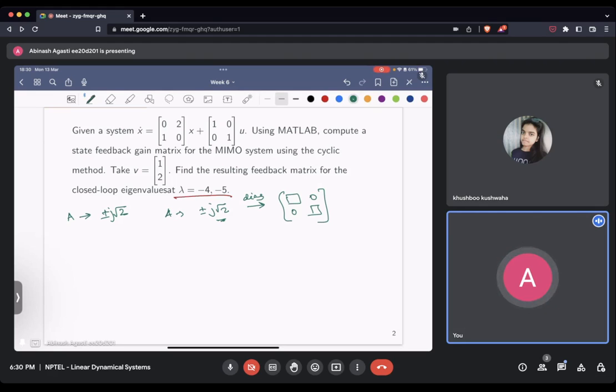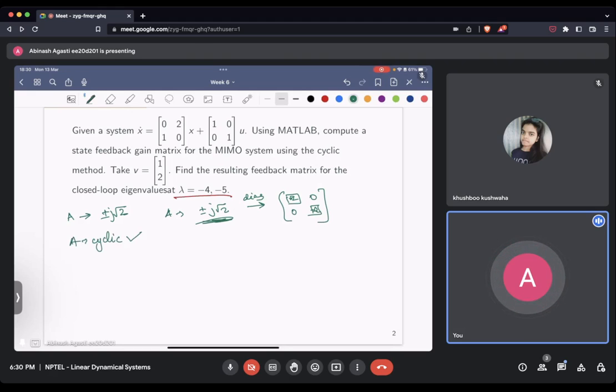But since here we just have distinct eigenvalues, we clearly know that if we diagonalize the matrix A, I'll get eigenvalues only at the diagonal positions. Okay. So A is a cyclic matrix. So the first step is over.